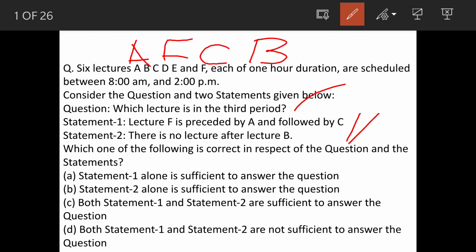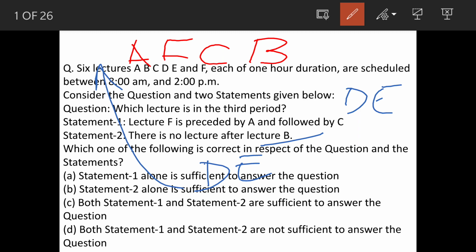Now what is not given are inputs about lecture D and E. So there are options for D and E. Either D and E are together and they are at this place.